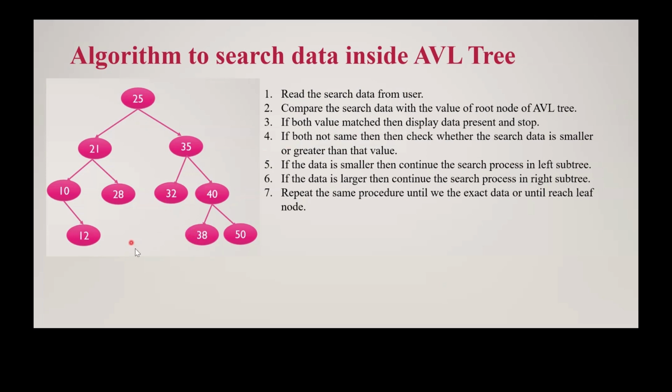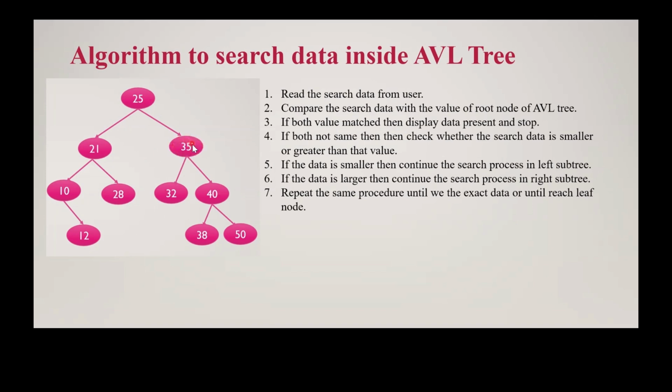For example, we want to search for the element 32. We have to start searching from the root node. The root node is 25. Then we check whether 32 is less than or greater than 25. It is greater than 25, so it will go to the right subtree. After that, we reach here, 35. Then we compare: is 35 equal to 32 or not?